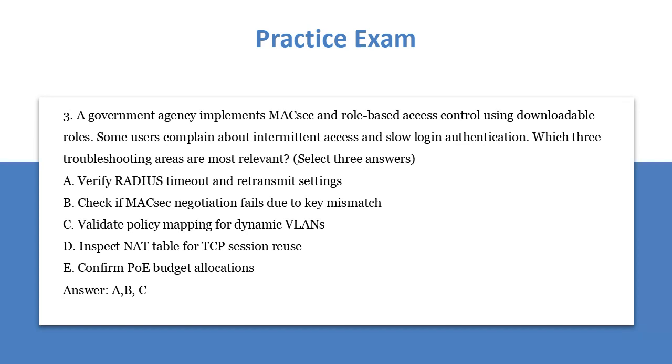B. Check if MACsec negotiation fails due to key mismatch. C. Validate policy mapping for dynamic VLANs. D. Inspect NAT table for TCP session reuse. E. Confirm PO budget allocations. Answer: A, B, C.